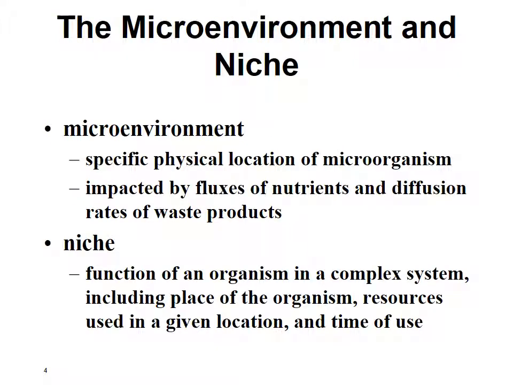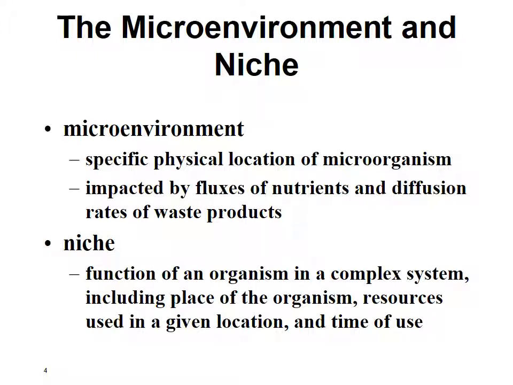Let's turn our attention now to these terms microenvironment and niche. So when we're talking about the specific physical location of a microorganism, this is called the microenvironment. And in this microenvironment, the flux of required electron donors, electron acceptors, and nutrients to the actual location of the microorganism can be limited.